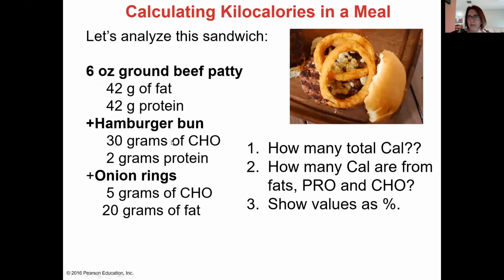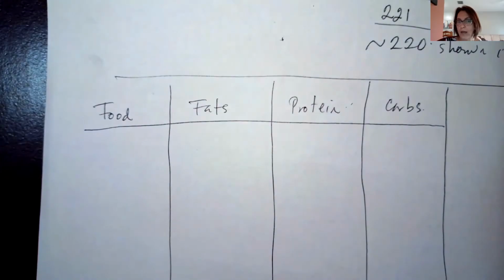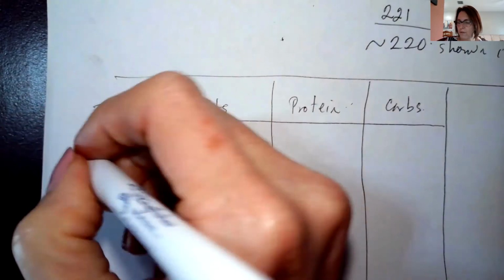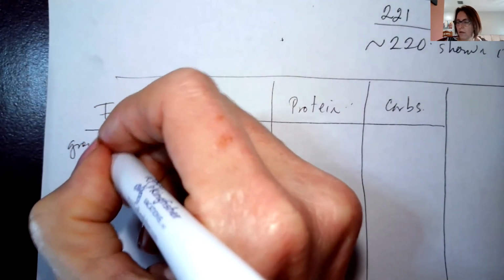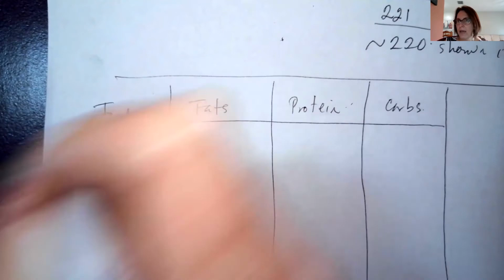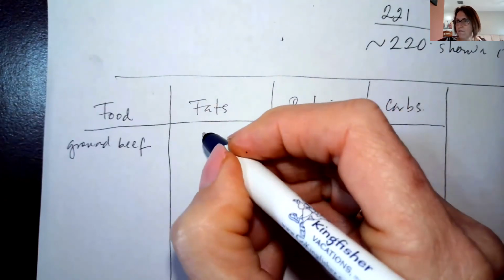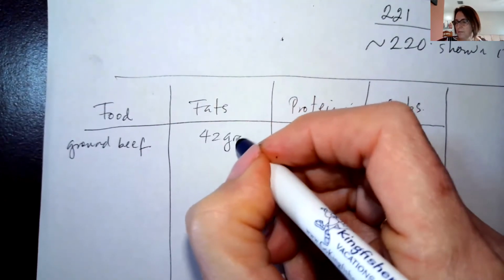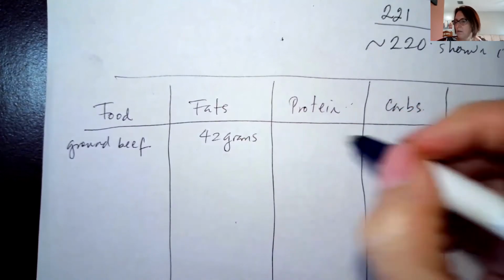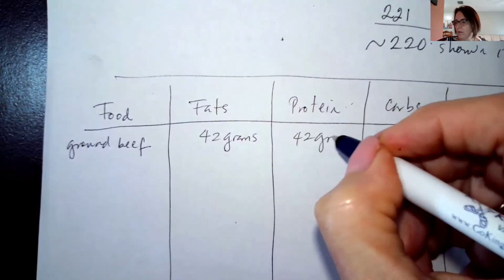The other example is about the sandwich. I will write down this information here again, as I did with the other one. According to the information in the label, I have ground beef, and it says it has 42 grams of fats and 42 grams of protein.